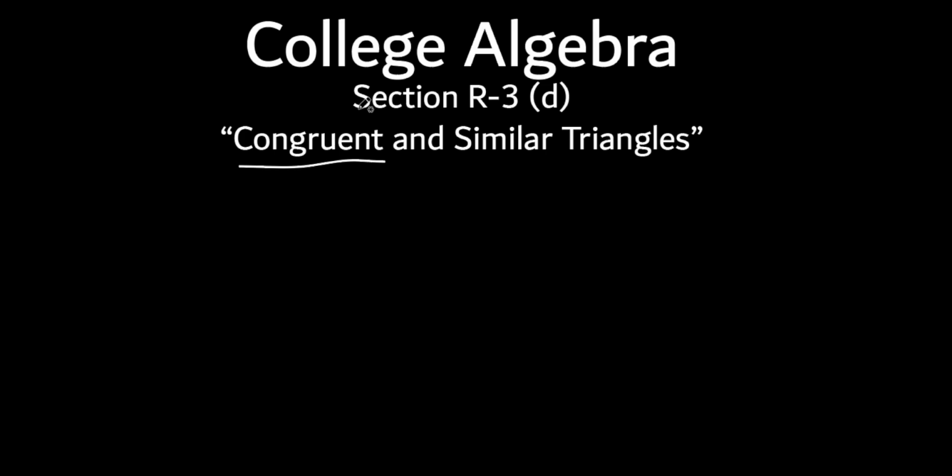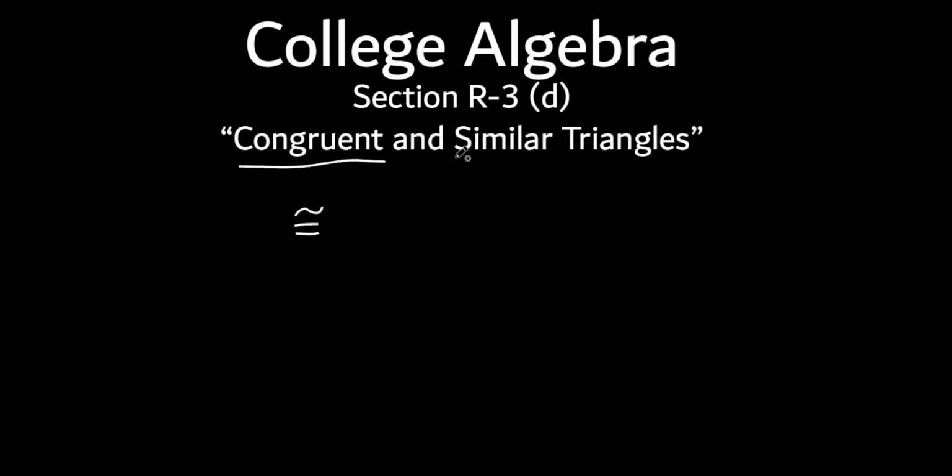All right, congruent. We have a symbol for congruent. Do you remember what that symbol is? It's an equal sign with one little squiggle on top of it. Now, in your class we did not get to similar triangles when I taught you geometry.